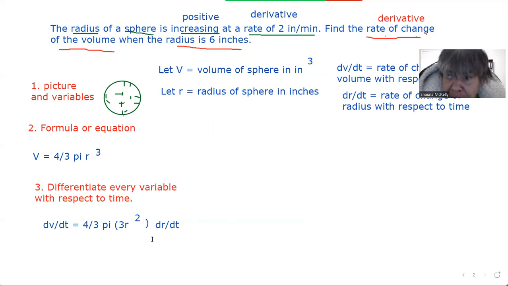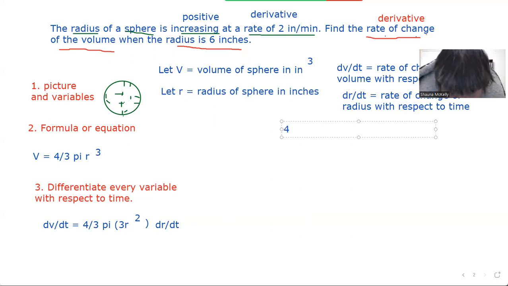Find the rate of change of the volume. So what do we want to do here? At this point, now you want to substitute. Sometimes people will take this equation. Now I can simplify, and actually I think I'm going to do that first.